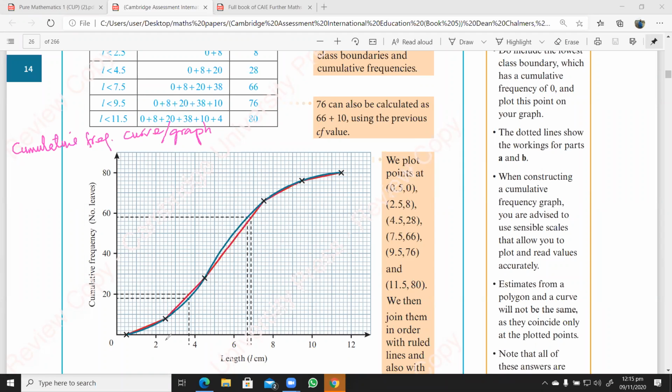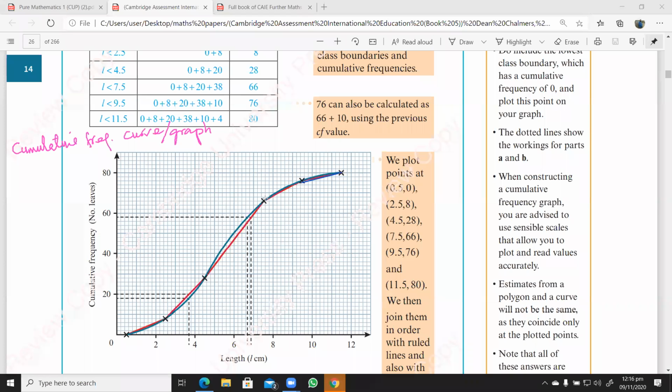Once you have marked all these points, you look at this blue curve over here. This is the freehand curve. Beneath that, you can see the red lines. You know how these red lines have been drawn? Let me show you through a different color, maybe dark blue. Look at this. The consecutive points, using the ruler, you join them like this.